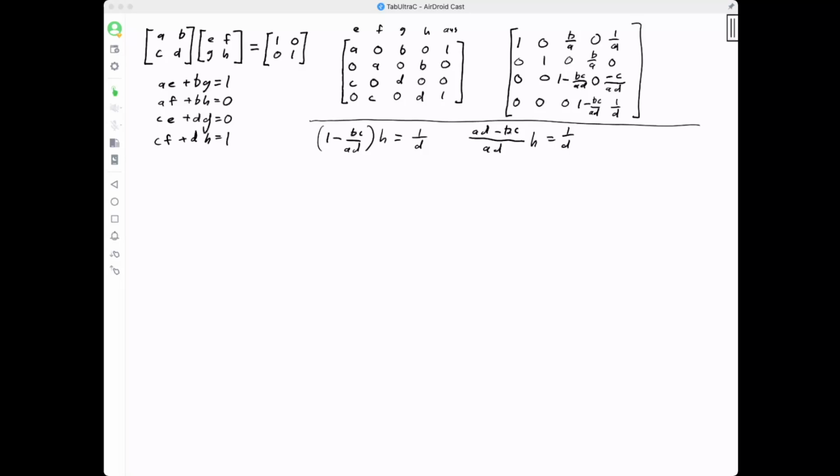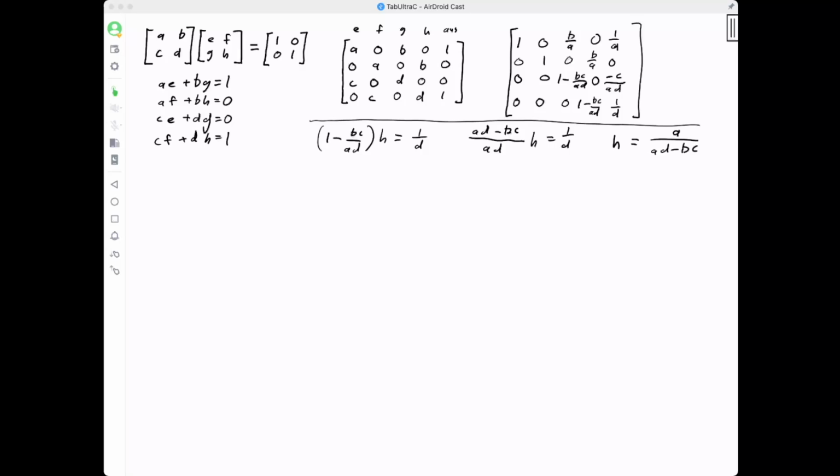Then I'm going to multiply by AD and divide by AD minus BC to get that H is equal to AD, but then I'm going to have that over D, so those are going to cancel. I'm going to have A over AD minus BC. So I now know what H is equal to.